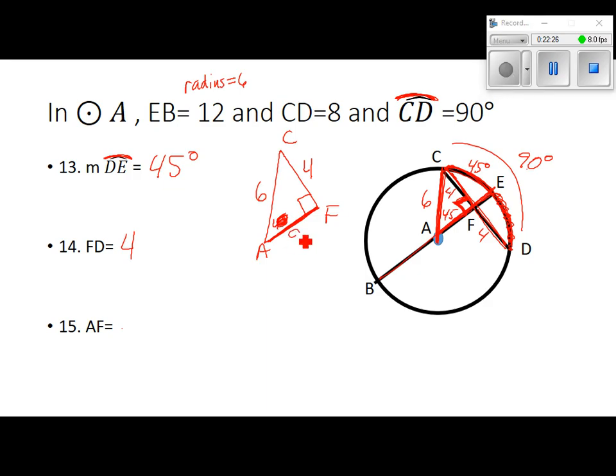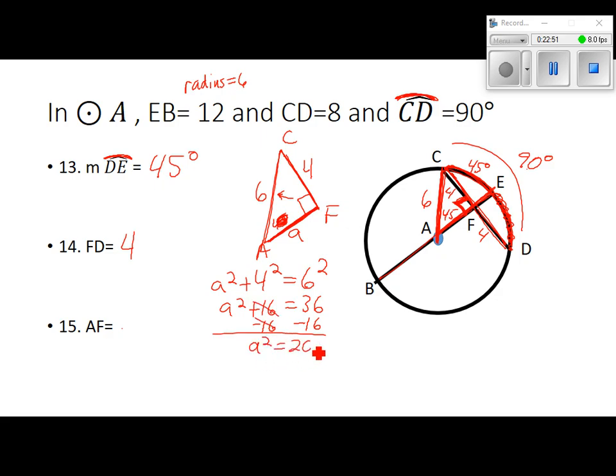We'll call this A. AF there is A, so A squared plus B squared, which is the other leg, 4 squared, equals 6 squared, which is the hypotenuse over here. That's A squared plus 16 equals 36. Subtract 16 on both sides. A squared equals 20.